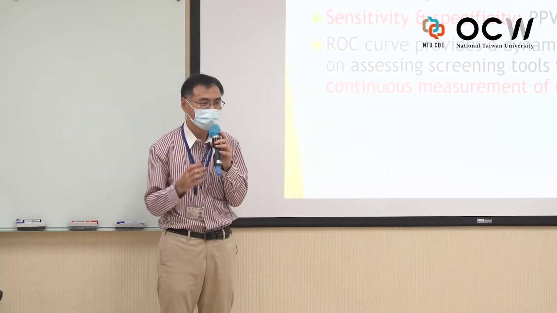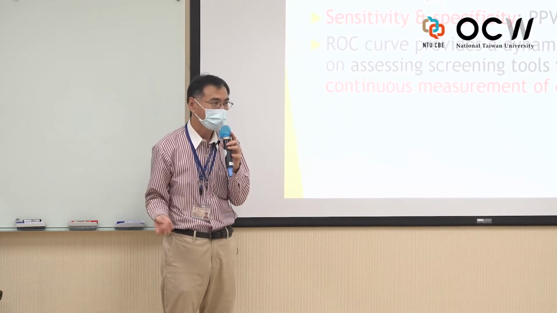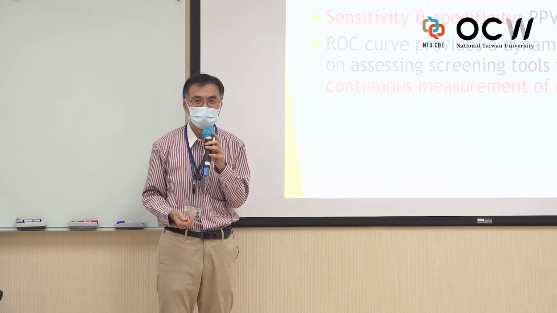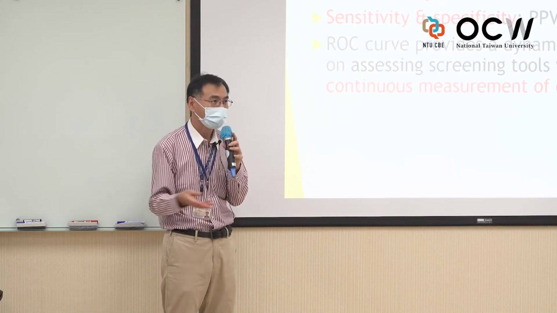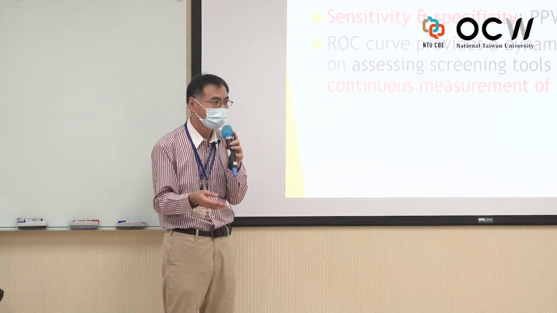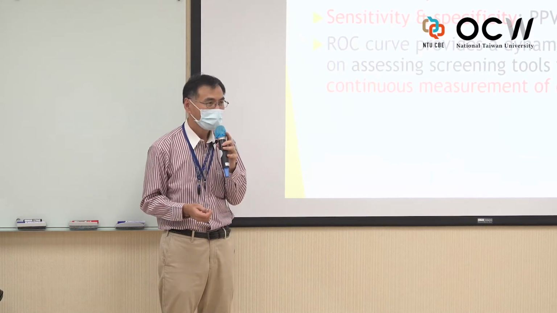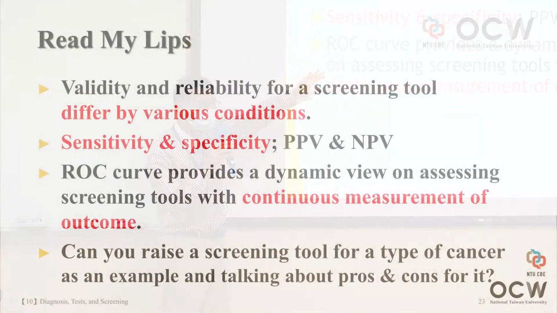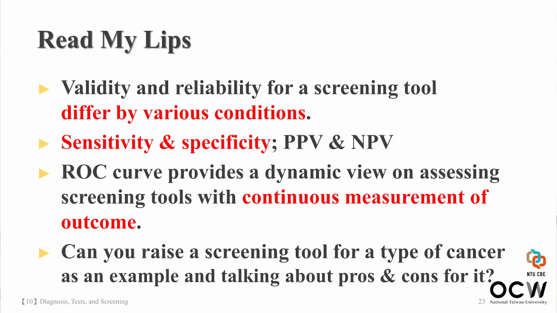If you suggest a new biomarker in the blood for the diagnosis of cancer, what is the best way to do it? Find a group of people, some of whom have cancer and some of whom don't. Then you can use the ROC curve to show how well your new biomarker works. Can you raise a screening tool for a type of cancer as an example and talk about its pros and cons?